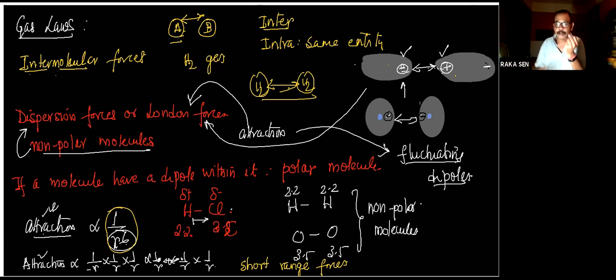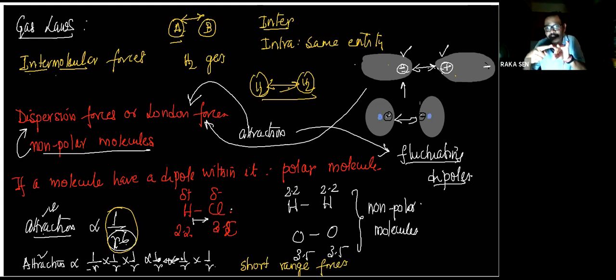Now, since this has become a positive center as far as this molecule is concerned, the electrons will be dragged towards this positive center. That means the electron cloud will come in this direction. So this will become delta negative, and that will be delta positive.